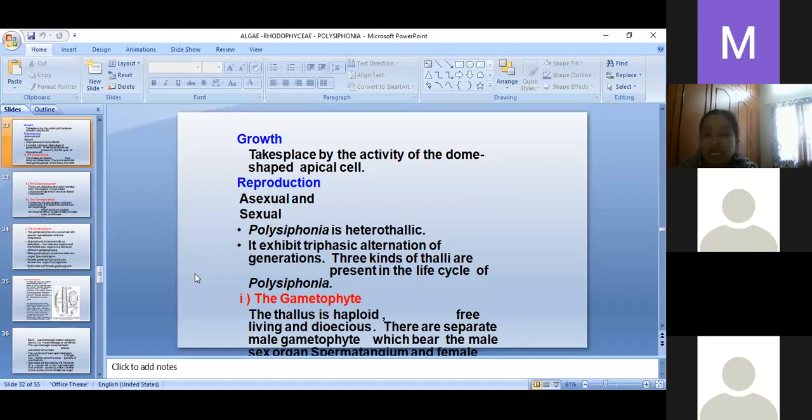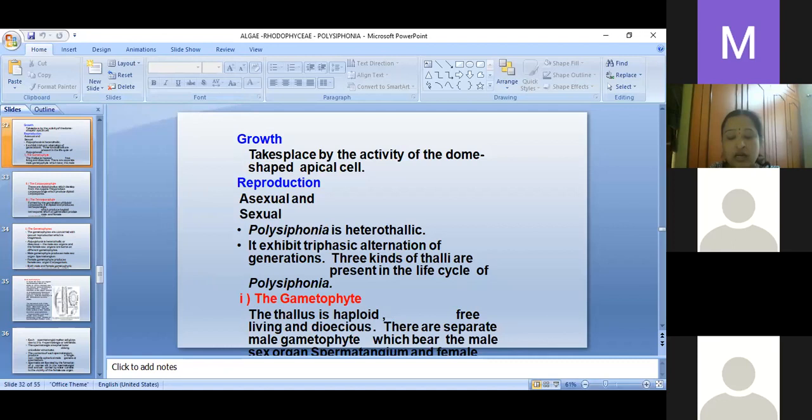Reproductive organs are present on the trichoblast. You know what the trichoblast is? In the life cycle of Polysiphonia, three distinct phases are observed. What are the three distinct phases? The first phase is called the gametophytic phase. The second is called the carposporophyte, and the third is called the tetrasporophyte.